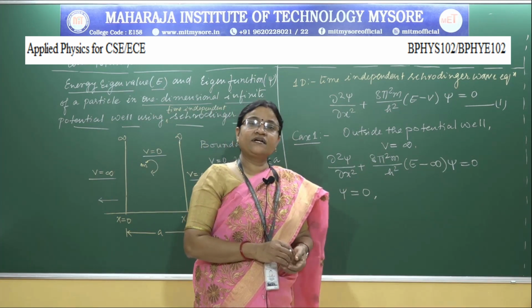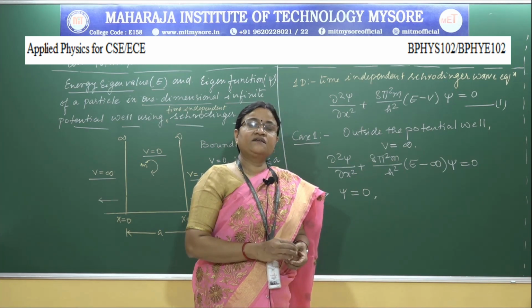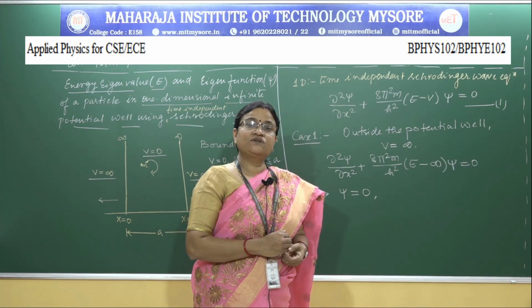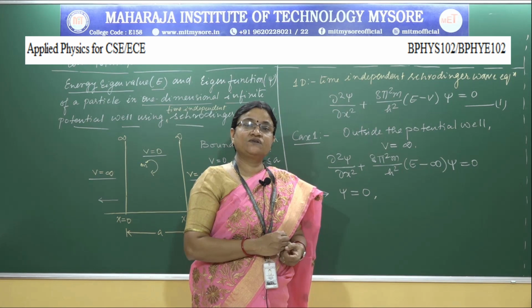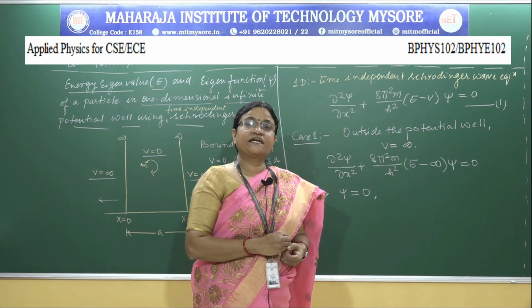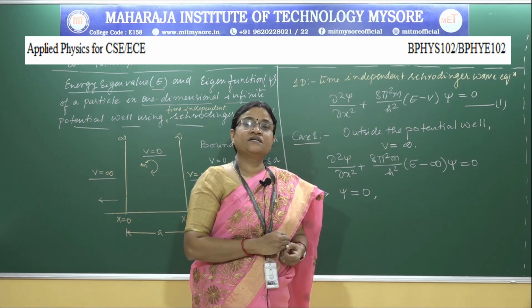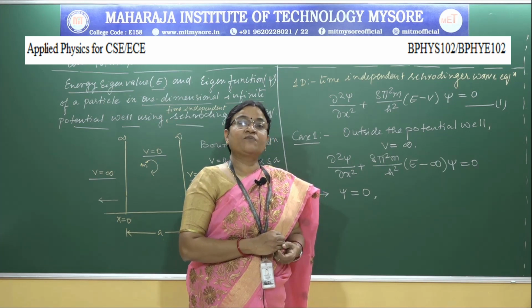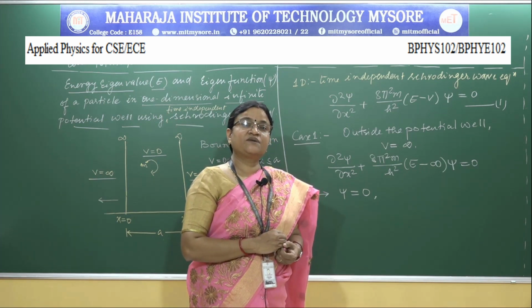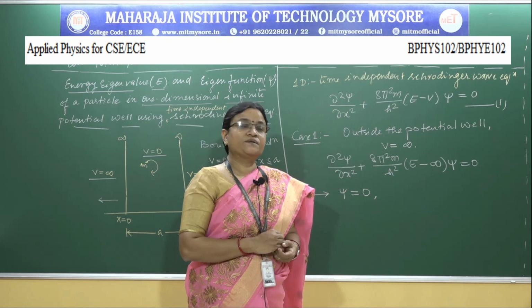As I have already explained, if we get the wave function equal to 0, it means that the particle does not exist. For a particle to exist, psi must be non-zero.